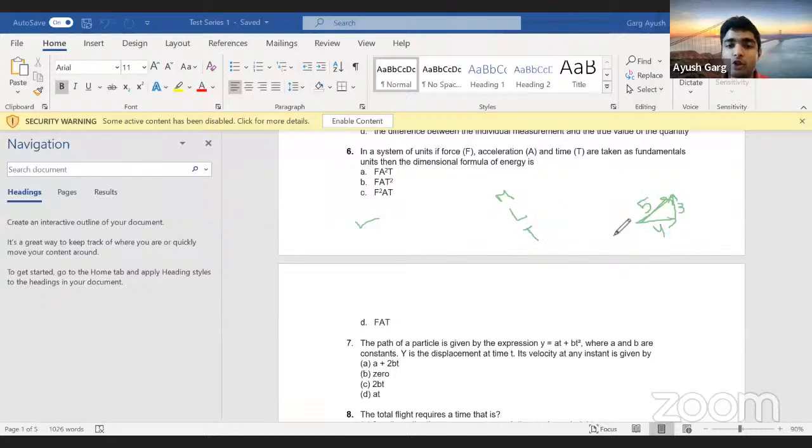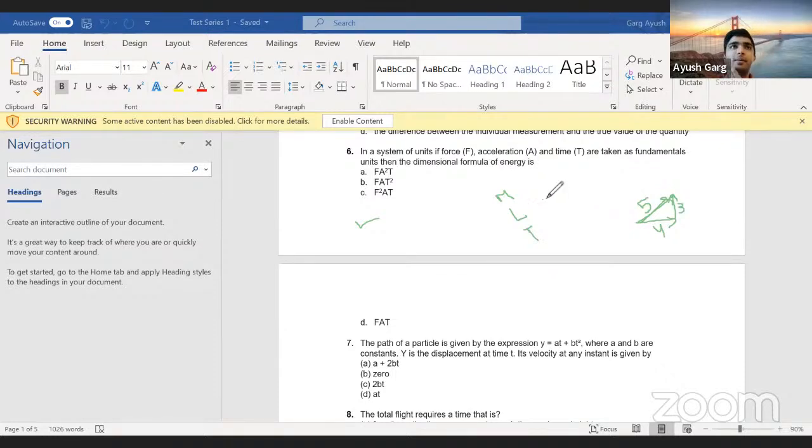This is a very common type of question that you can encounter in NEET and JEE mains. Your M, L, and T are no longer the basic dimensions. Instead, something else is a basic dimension: F, A, and T. So see, if A is your basic dimension, you know the dimensions of acceleration, right?